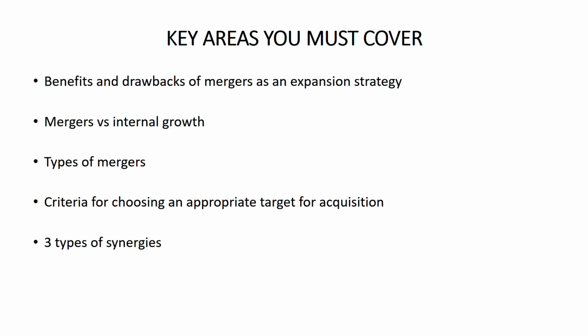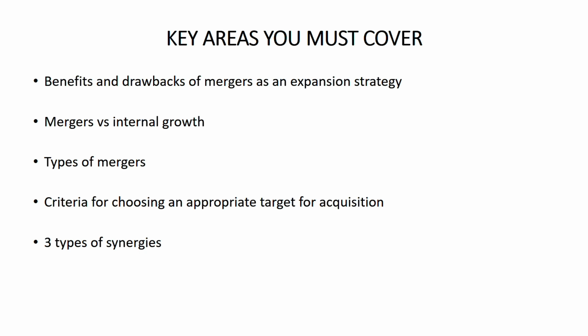Now let's go to the cost synergy. Yes, cost synergy is like economies of scale, right? Because two companies merge, now they can take advantage of economies of scale, right? And next, the third type of synergy is the financial synergy. What does it say?